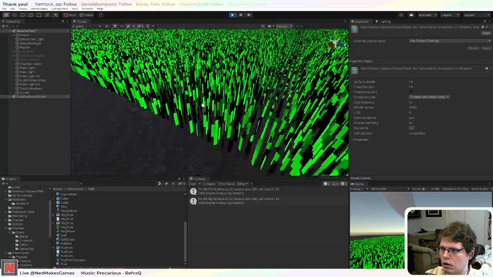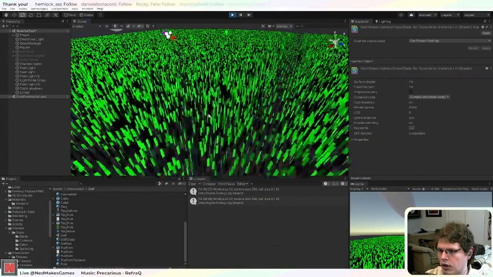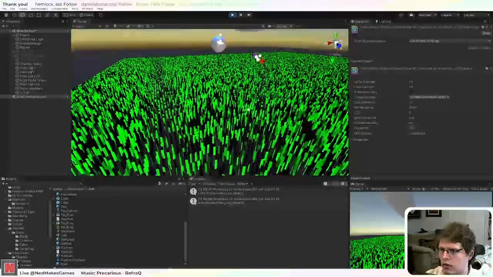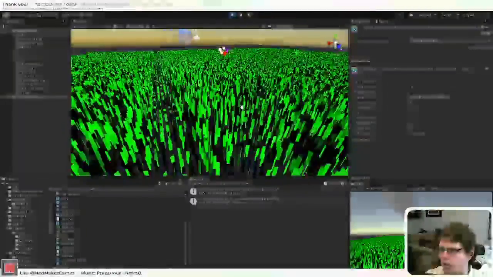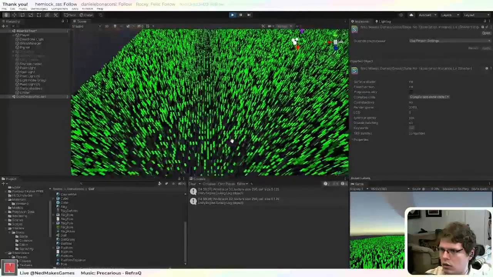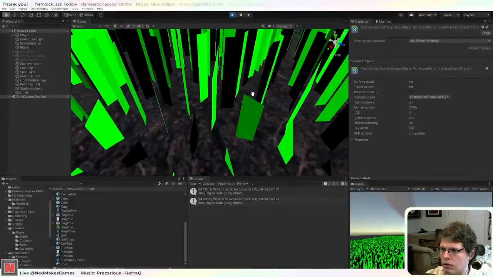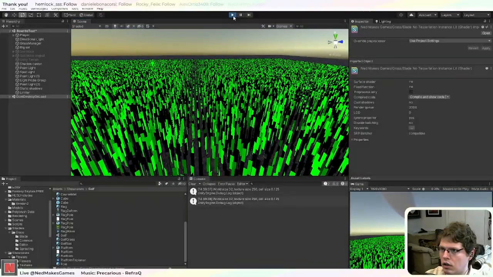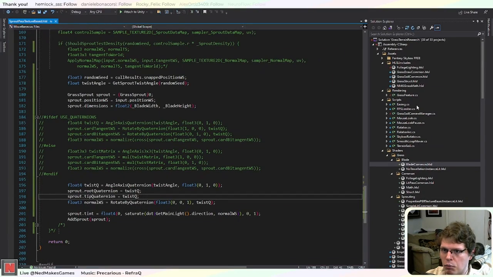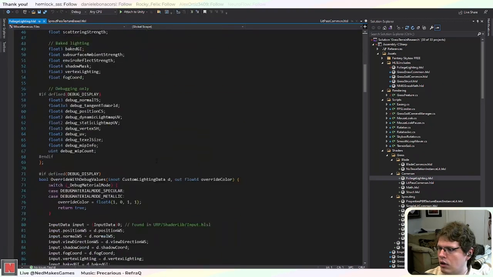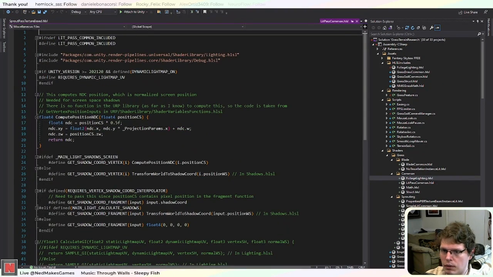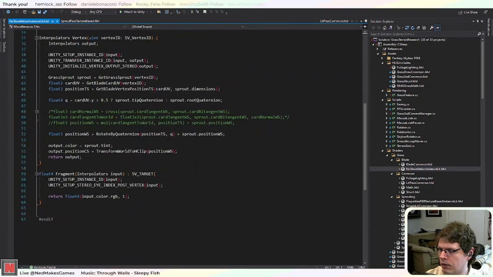Okay, well, actually now that I think about it, I'm a little surprised this is working because the blades are given in tangent space, right? But that Quaternion rotation is just in world space. So let me check. That's not what I want. Here. For some reason I can't ever find this file.